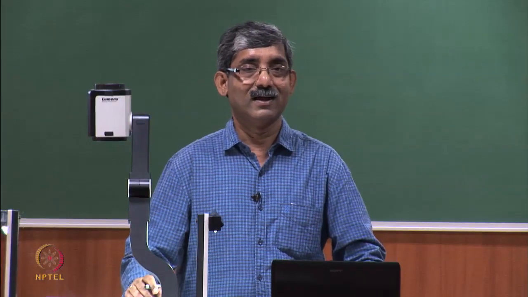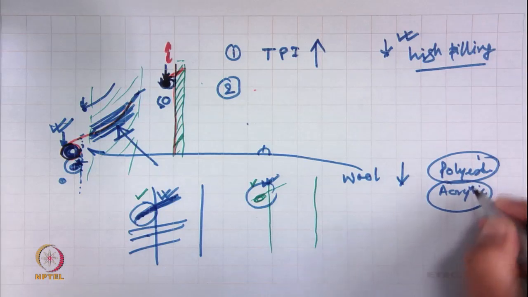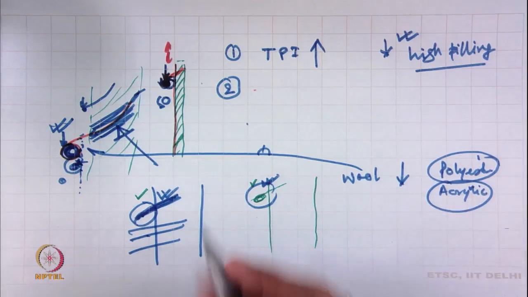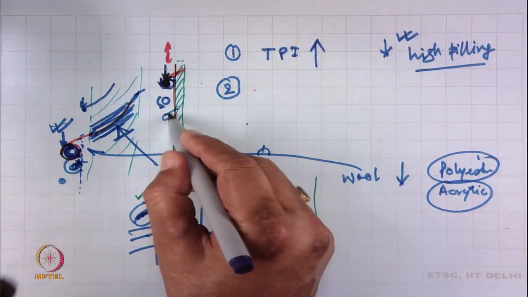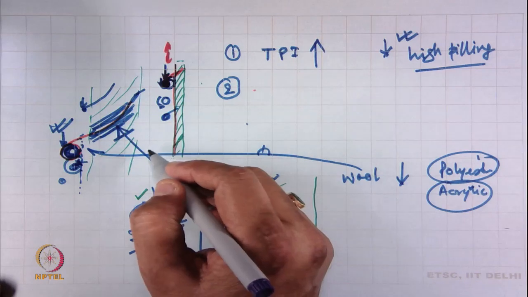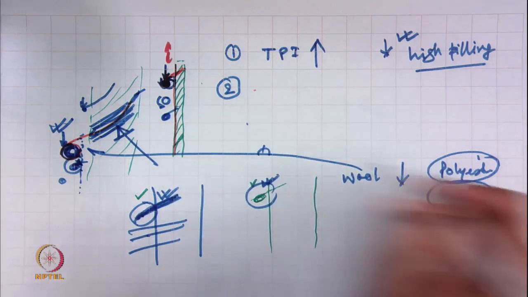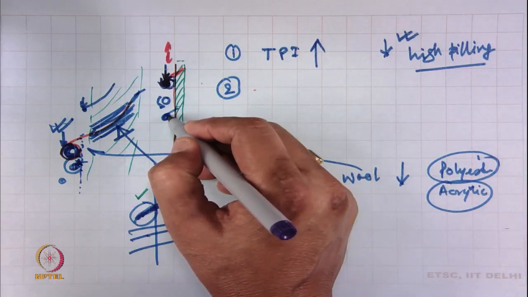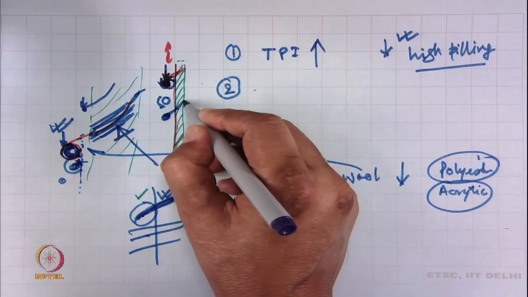But once we use polyester or, say, acrylic blended with wool, what will happen? Whatever formation is there, even if it is a formation by wool, the acrylic portion of the fiber or polyester portion of the fiber will try to hold this peel.